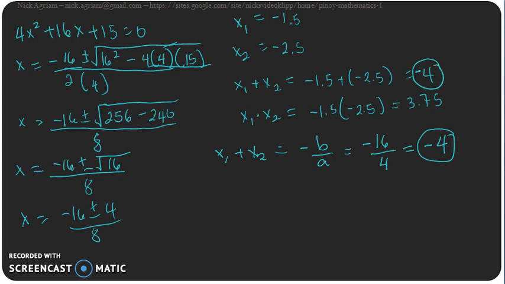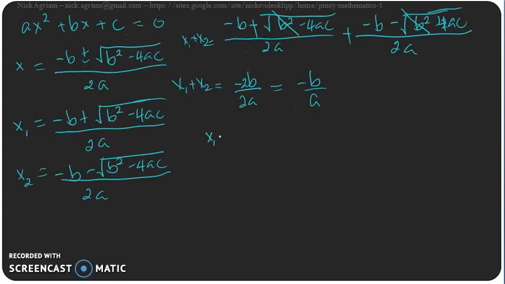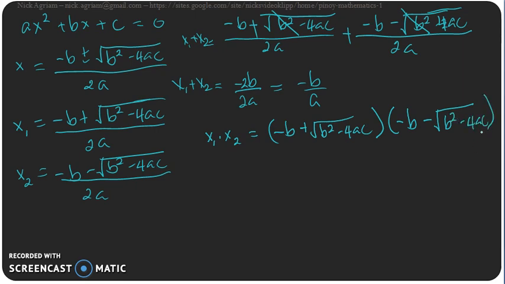Okay, and then we will go back to the product, x sub 1 multiplied by x sub 2. Then we have negative b plus the square root of b squared minus 4ac, multiplied by negative b minus the square root of b squared minus 4ac, divided by 2a. As you've seen here, this is the sum and difference of two binomials.